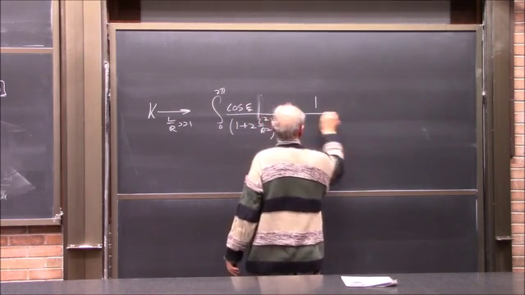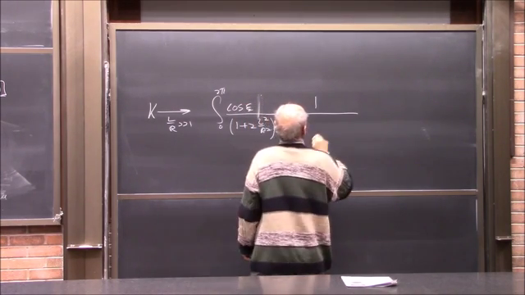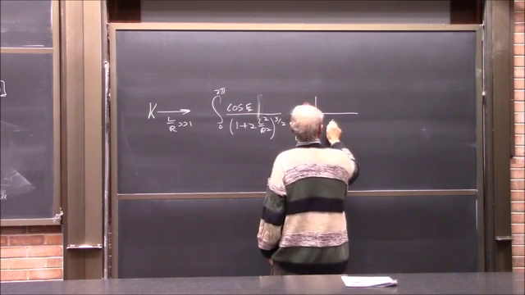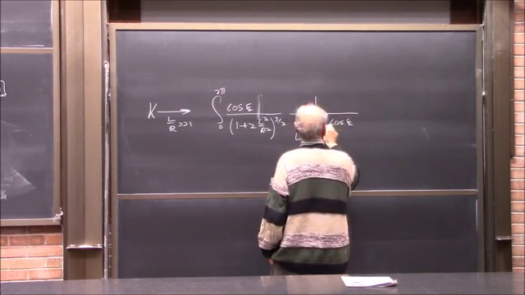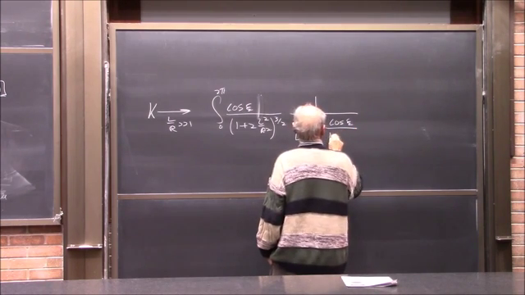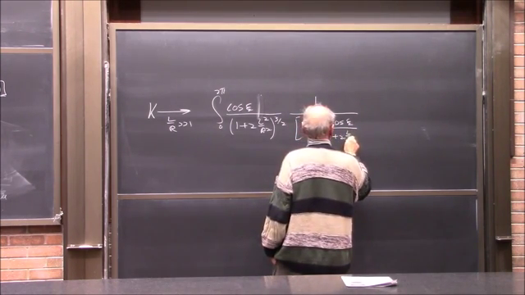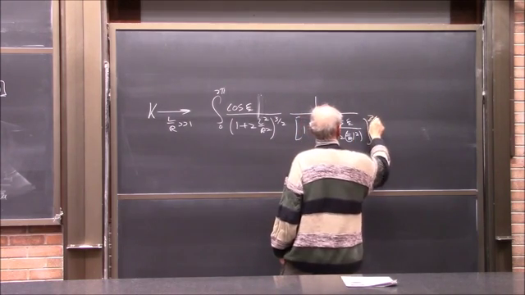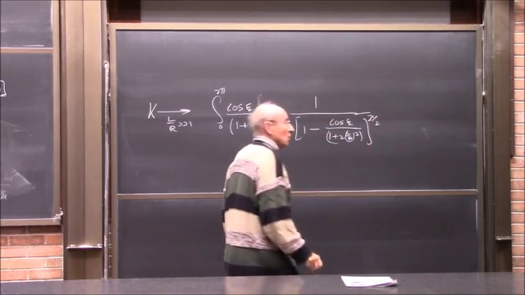And we'll be left with 1 minus cos squiggle divided by 1 plus 2 L over R squared, to the 3 halves.